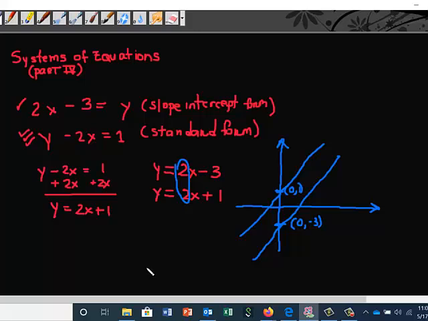So solving this problem, or determining whether this is inconsistent or consistent, or the equations being dependent or independent, can be determined by this method that I've used right here.